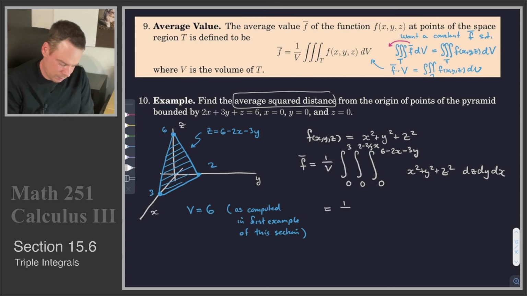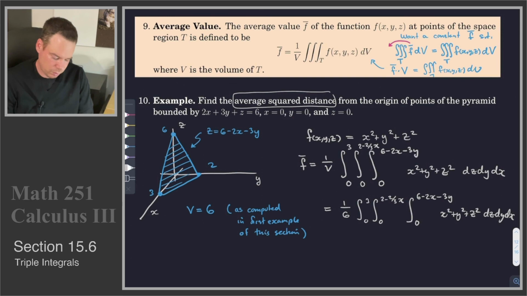So what is our volume? Our volume is 6, so we're taking 1/6 of the integral from 0 to 3, the integral from 0 to 2 minus 2/3 x, the integral from 0 to 6 minus 2x minus 3y, of x squared plus y squared plus z squared, dz, dy, dx. So there is our integral representing our average value.